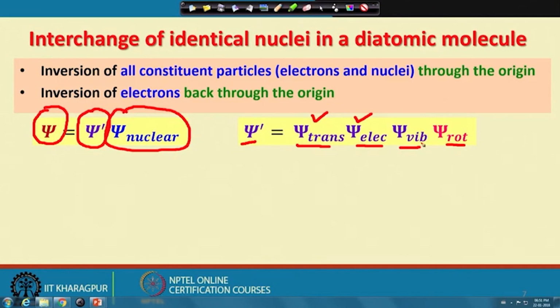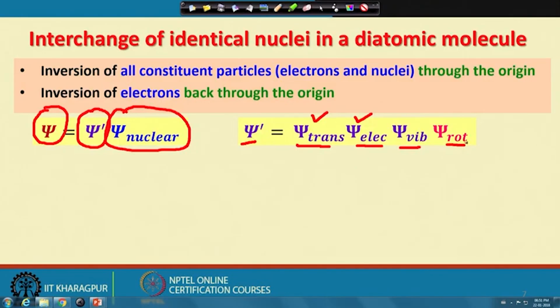Psi vibration corresponds to the vibrational fine structure associated with this diatomic molecule, and finally, psi rot corresponds to the rotation of the molecule like a rigid rotor.